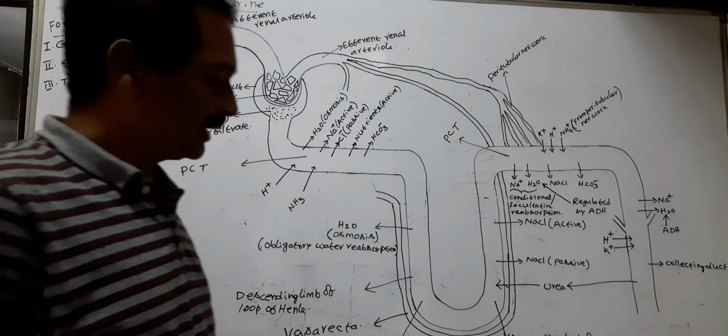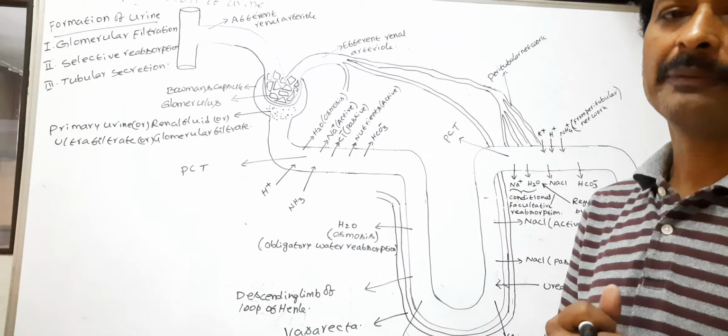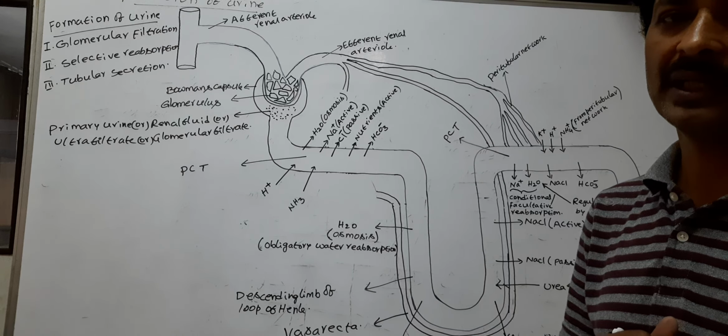Next, the wall of the nephron is lined by epithelial tissue.